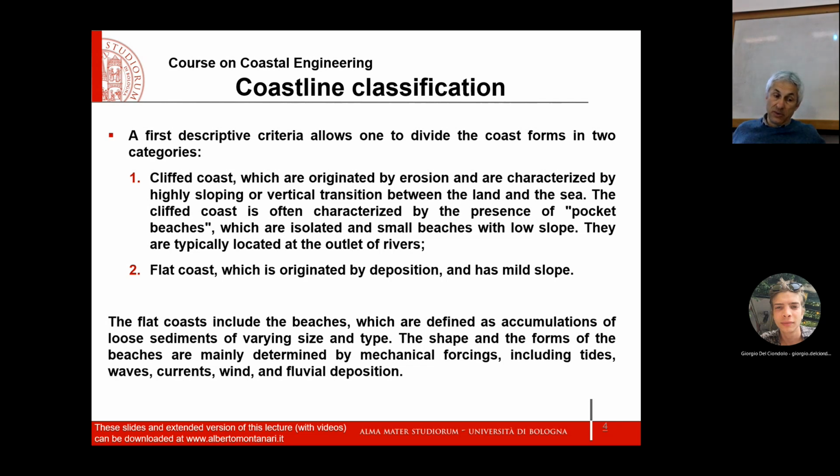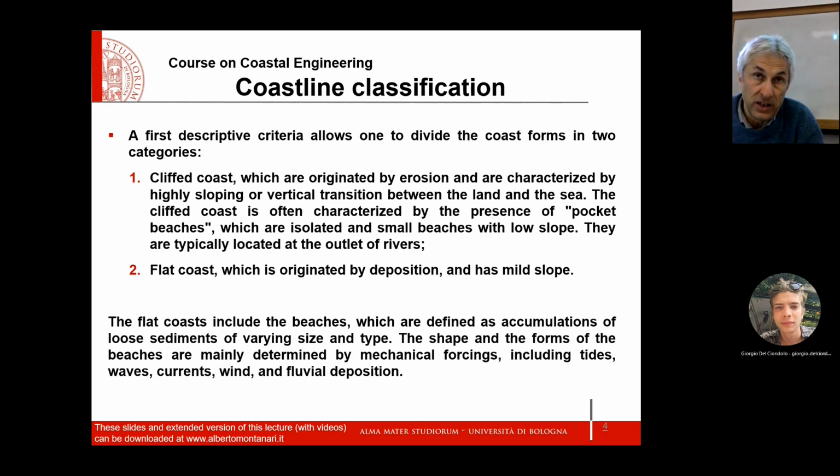It has been formed by deposition by the Po River, deposition of sediments from the Alps, from the north of Italy. And therefore, this deposition brings to the formation of shapes that are characterized by mild slopes. Deposition doesn't originate a rocky formation in the short geological term.